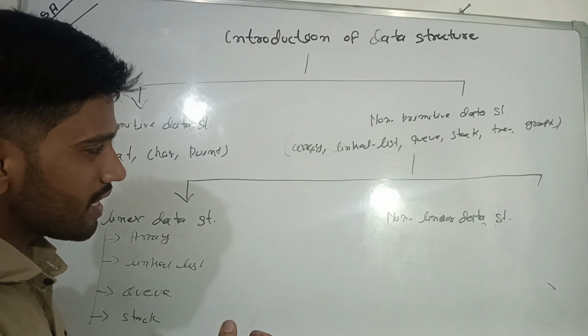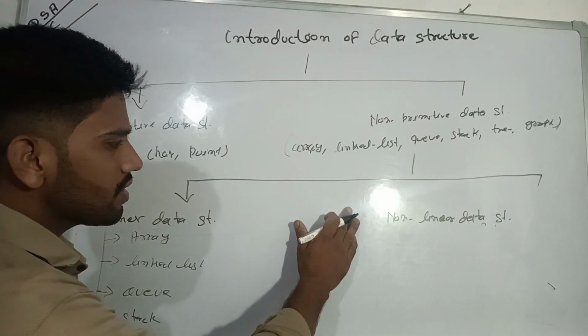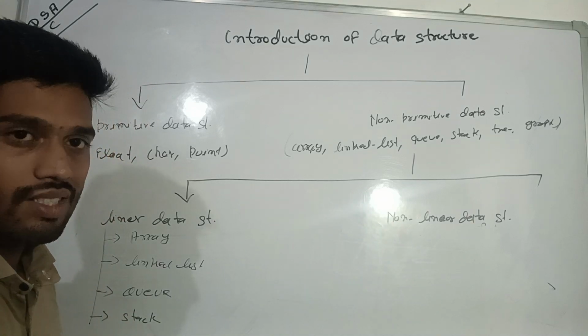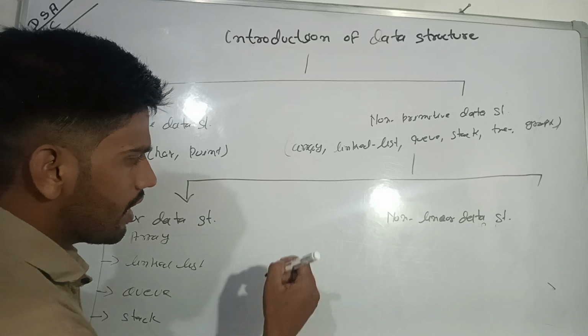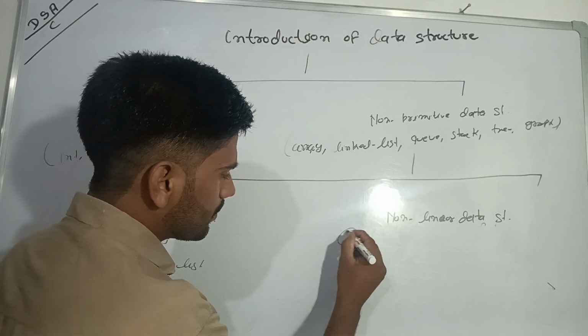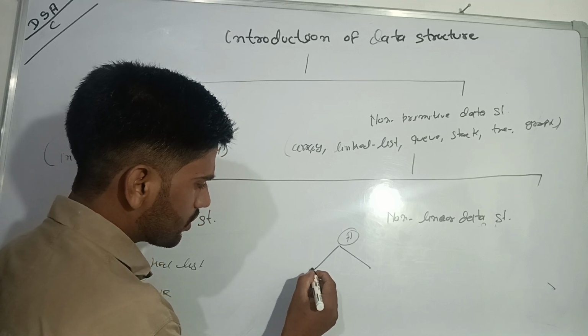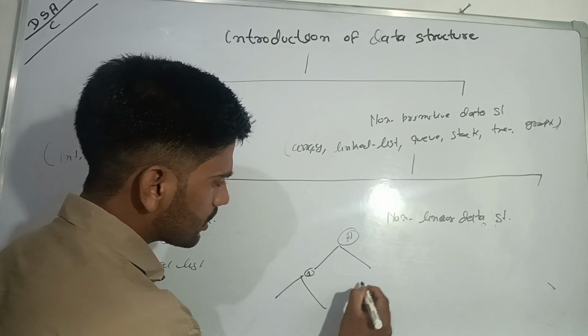And now non-linear data structure. Non-linear data structure means the traversing is not in a sequential order, like a tree. Suppose there is a tree, it may be anything.